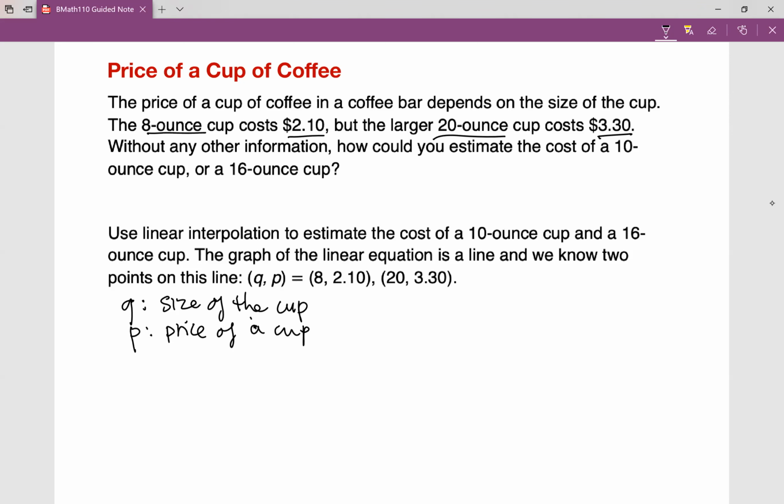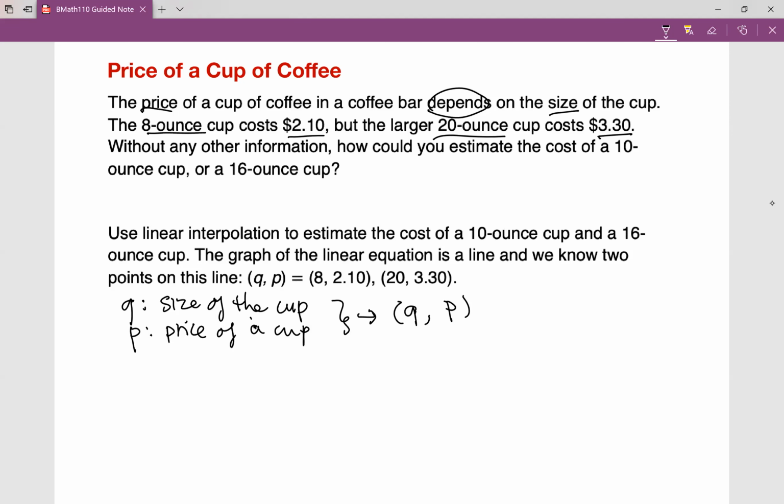So which one is independent and which one is dependent? You should know that. The word depends here can tell you that the price depends on the size, right? So the ordered pair should be in the form with the independent variable first, Q, the size, and the dependent, the price.